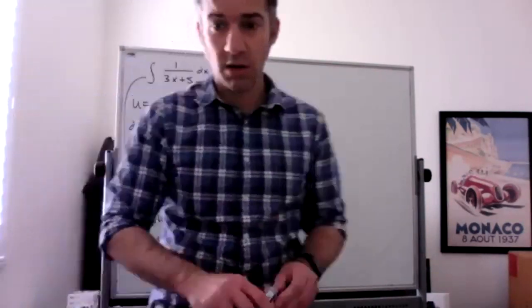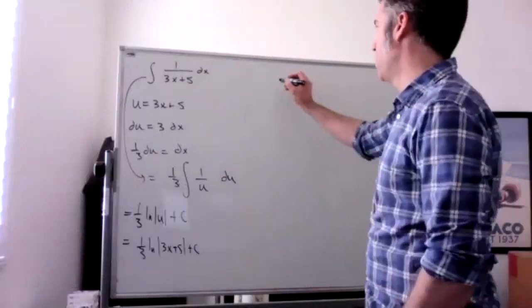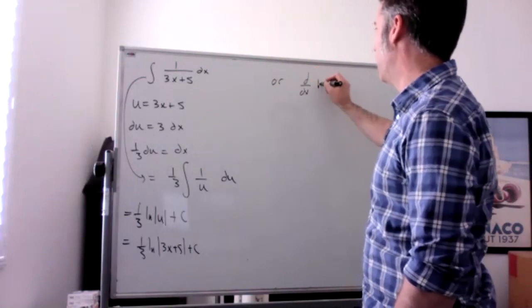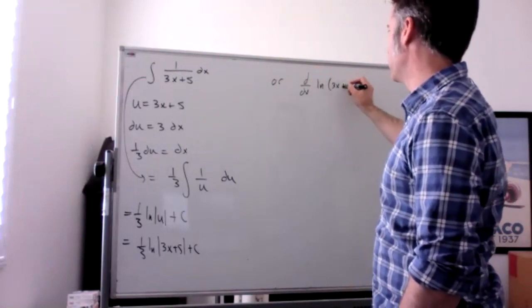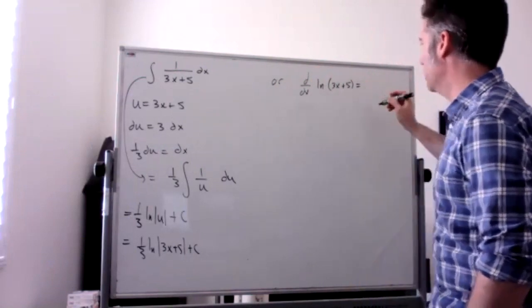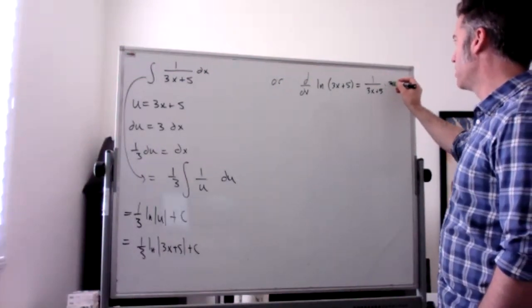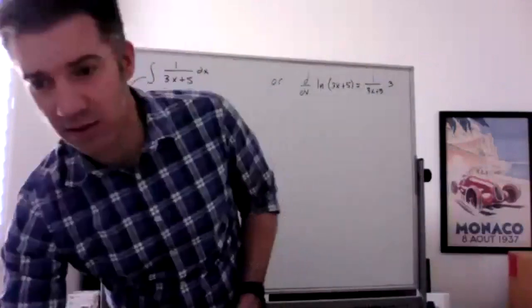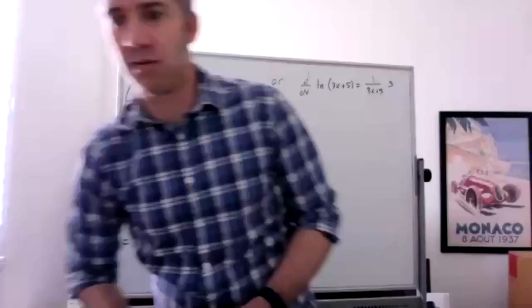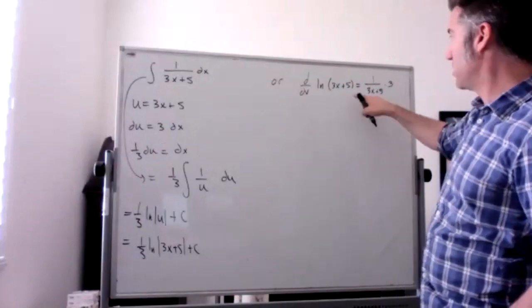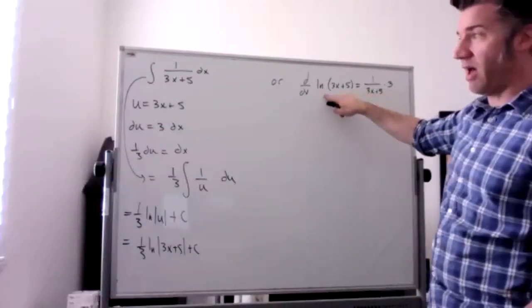Or we can do it the shorter way. We can say, well, I know that the derivative of the natural log of 3x plus 5 is 1 over 3x plus 5 times 3. And so if I integrate this, I'm going to get that.